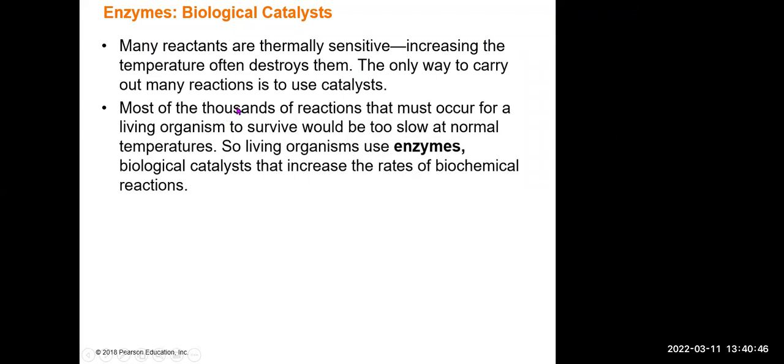So in the human body, you cannot use high temperature. Most of the thousands of reactions that must occur for a living organism to survive will be too slow at normal temperature. So living organisms use enzymes, biological catalysts that increase the rate of biological reactions.